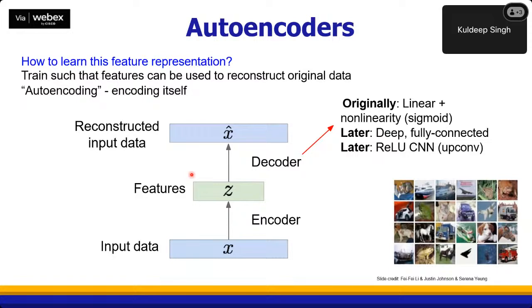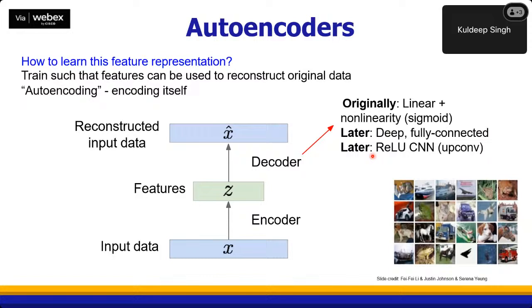We are training this encoder and decoder to reconstruct the input, and in between we find this Z, a lower dimensional feature representation of the input data. So we train such that features can be used to reconstruct the original data. We also call it auto-encoding.